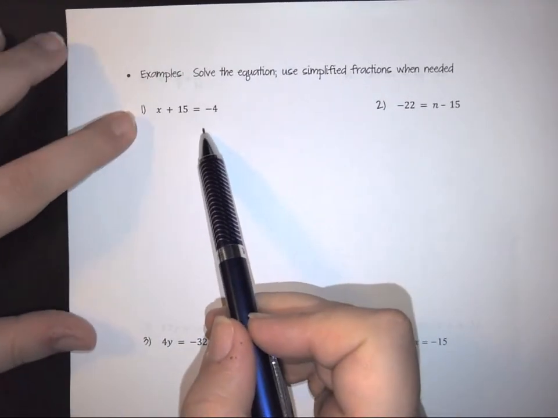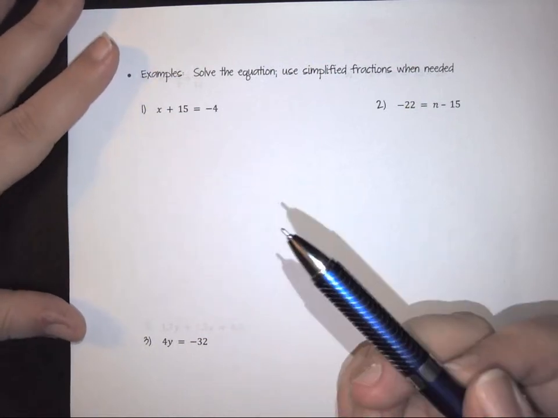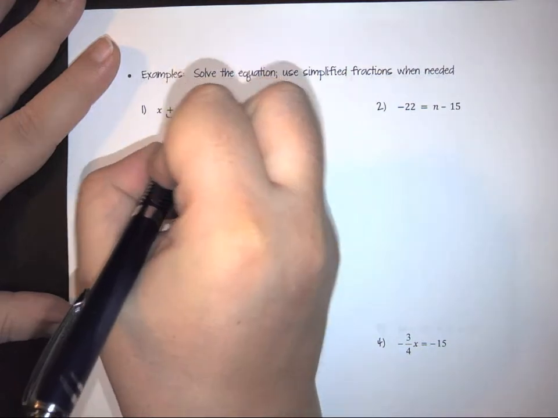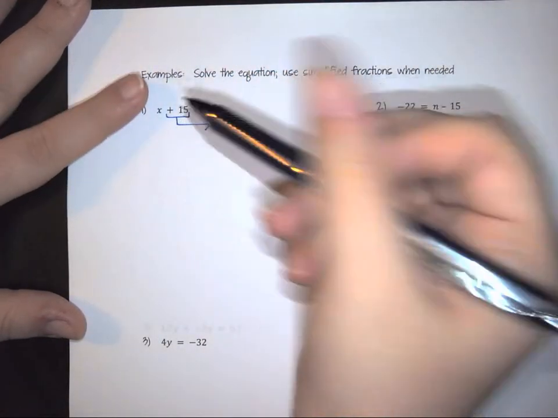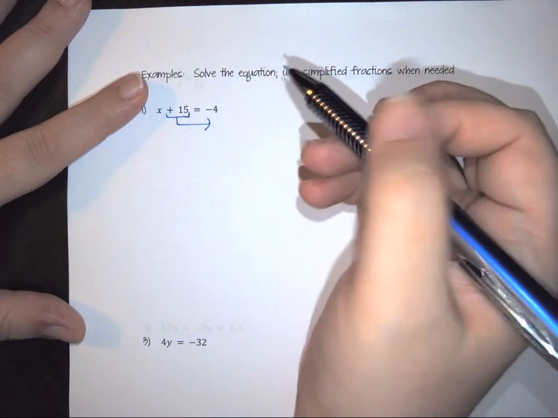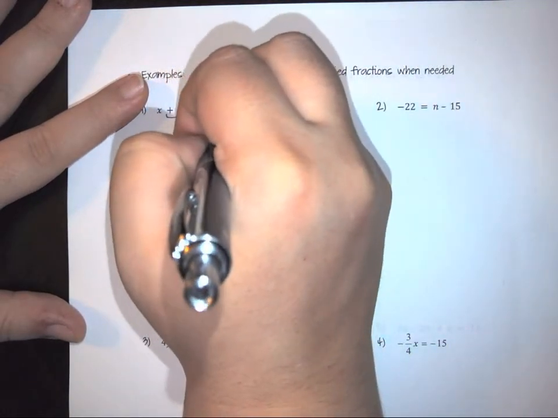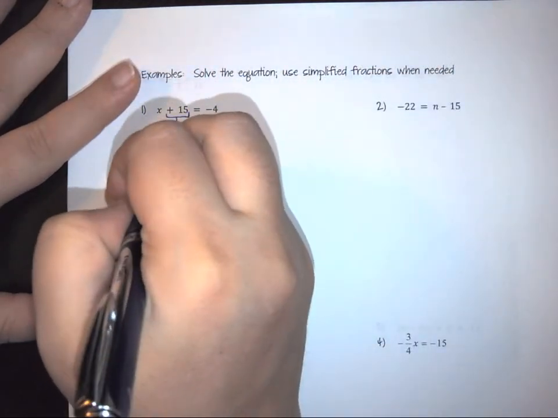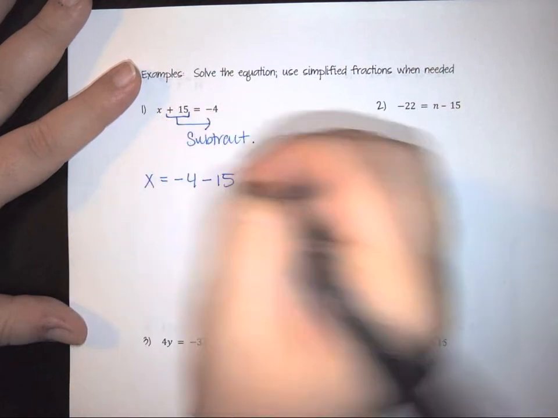First and foremost, I have x plus 15 equals negative 4. Very simply, I have to take this positive 15 and move it across the equal sign to the other side. Because the 15 is positive, the only way to move it is by doing subtraction. This means I have that x is equal to negative 4 minus 15.